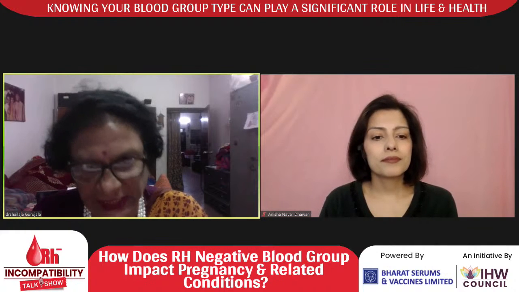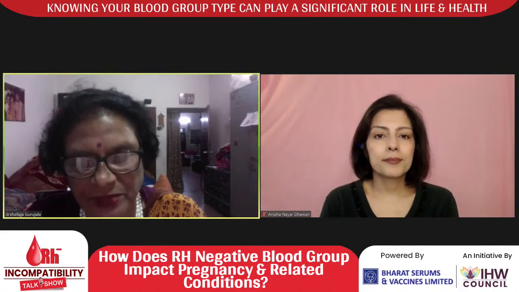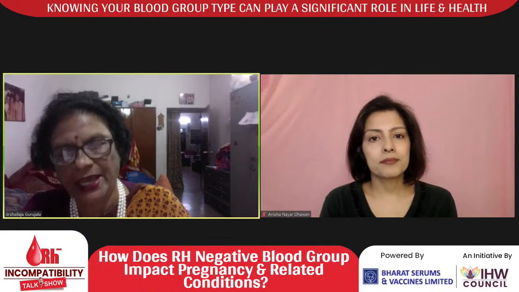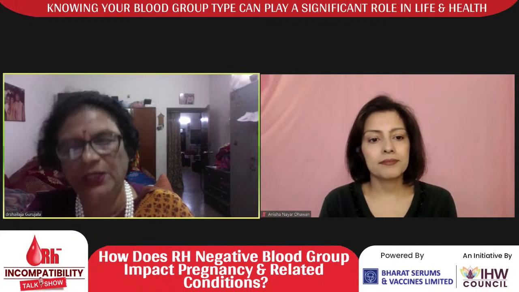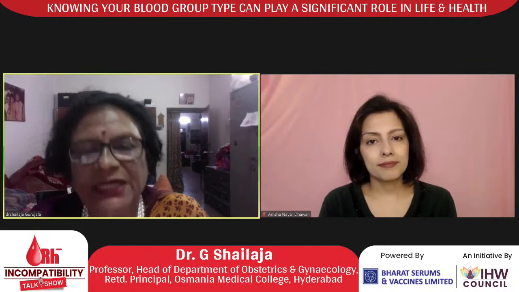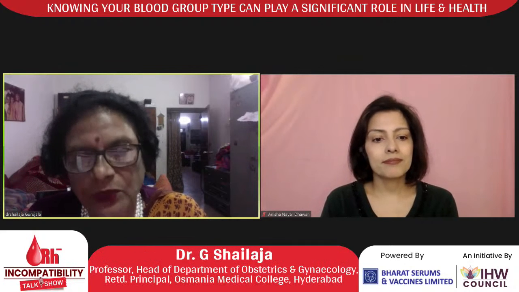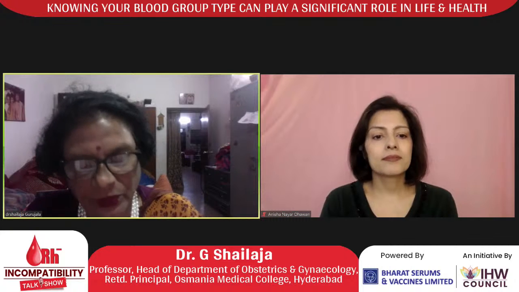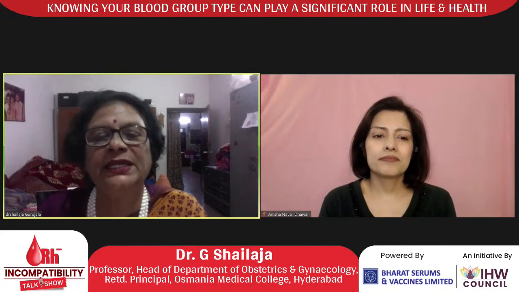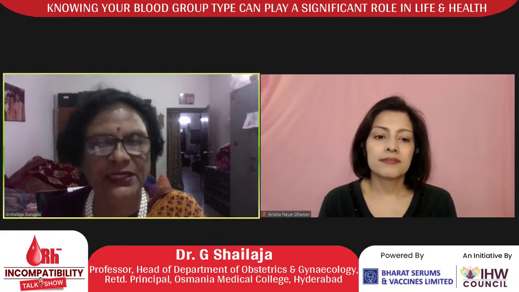But routinely, it is a must that you get the baby's blood group done. If the baby is positive, within 24 hours, as soon as possible after delivery, you give the antibody to the mother. But if you can't get the blood group report within a day, it doesn't mean you should not give it. You can give it up to 1 week, because in the first pregnancy sensitization occurs very slowly, not like in the second pregnancy where it is very, very rapid.